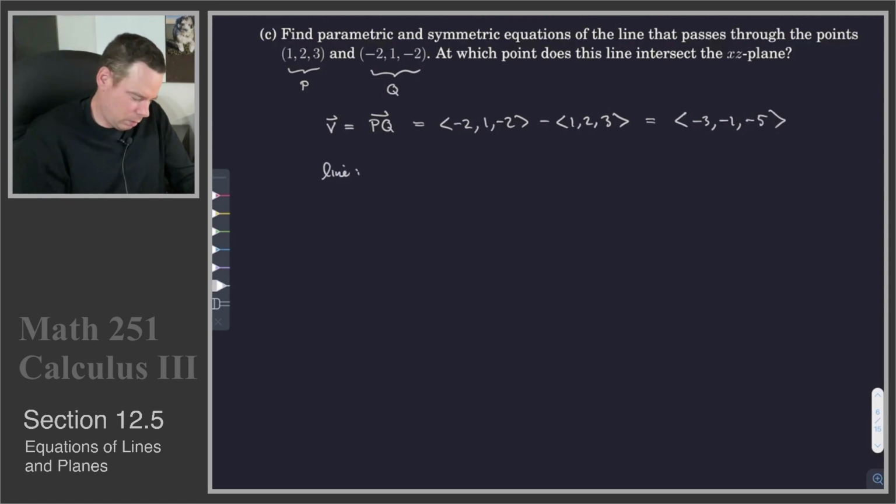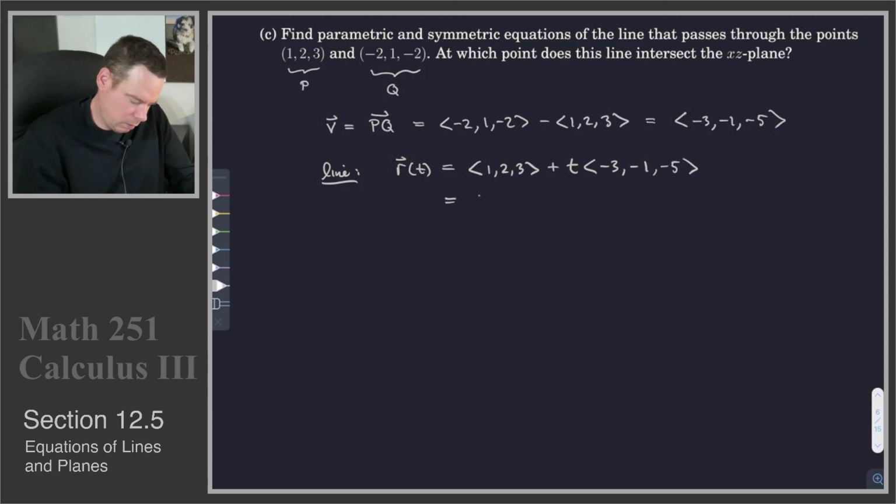So for our line, I would like to use the vector equation, and then from that get the parametric equations by just unpacking the components. So what is our vector equation? We need to know a point on the line. We can choose either of the points we've got here, so maybe I'll just choose the point P, so 1, 2, 3, plus t times a vector in the direction of the line.